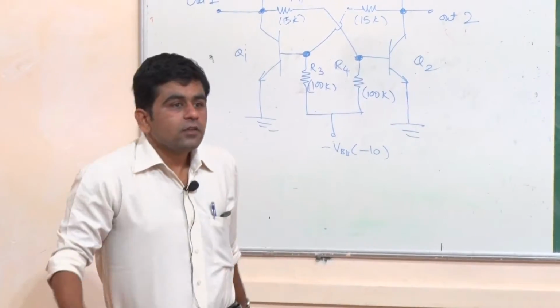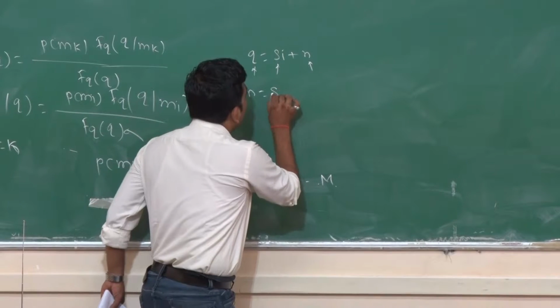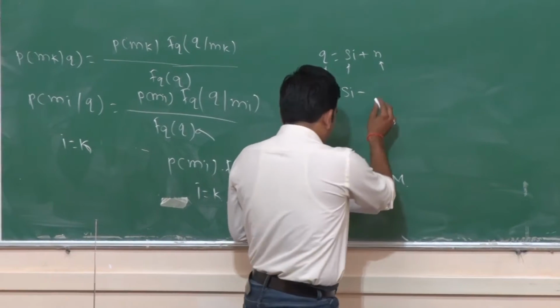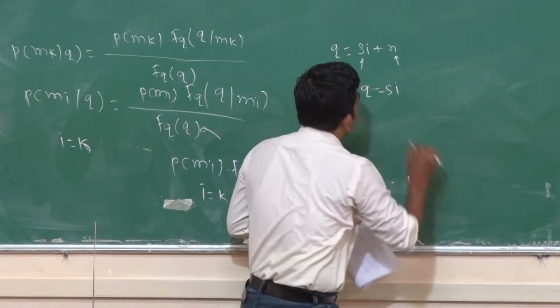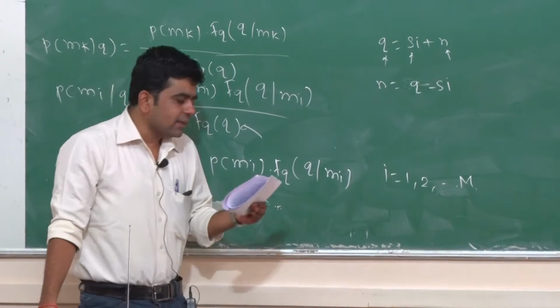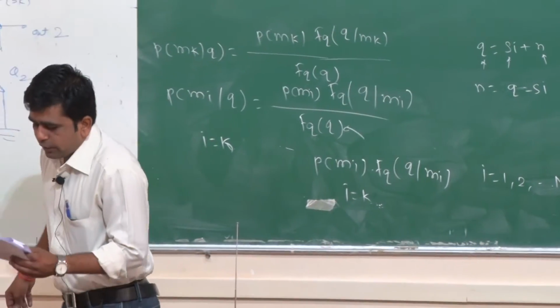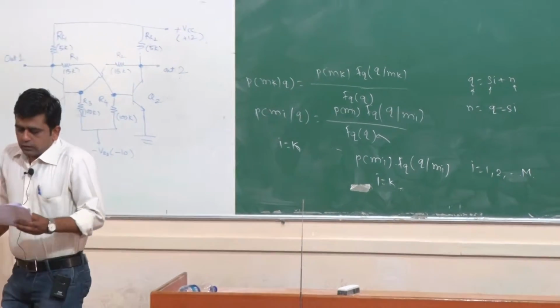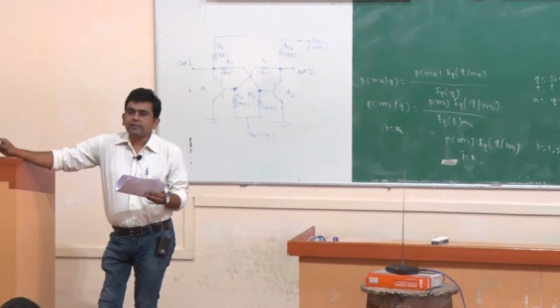Random variable. So from this we have to find n. n is equal to q minus si. Here we can see that si is a constant. Write down: si is equal to constant, and n is a random point.